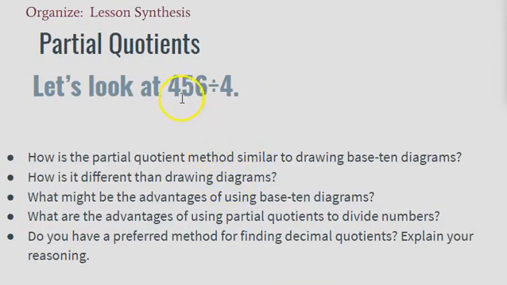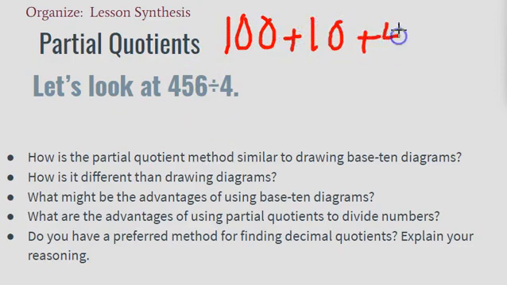And if you think about it, using the base 10 one, so we looked at the partial quotients before. I'm going to do this backwards. But the partial quotients, we had the 100, 10 and the 4 coming together. If we talk about this as the base 10 method, you've got 4 groups of 100.